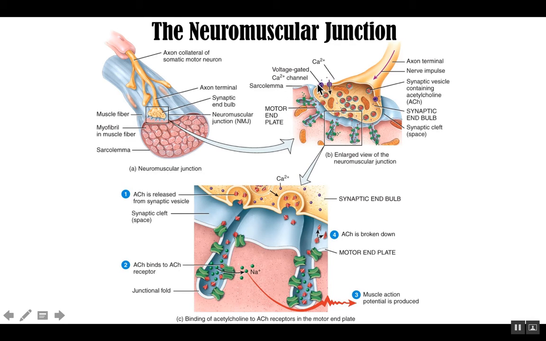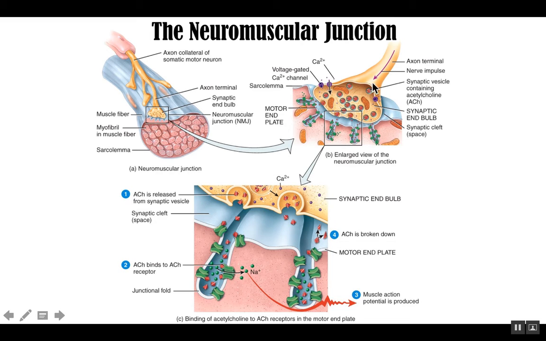What those channels do is, in response to a voltage, which is the action potential, they open and allow calcium ions to travel into the end bulb. Calcium is extremely important at this step. Calcium is involved in allowing exocytosis.